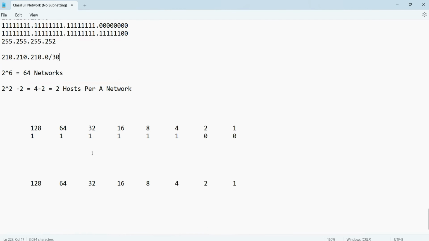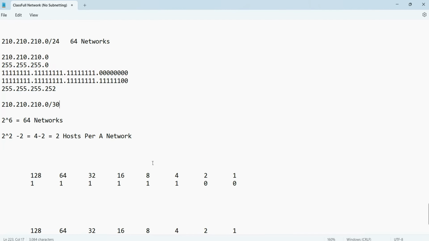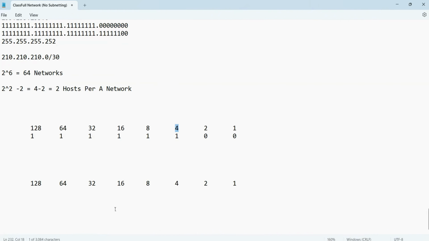So let me show you. What is the value of the last bit that I borrowed? It's a 4. Okay. 0, 4, 8, 12, 16, 20, 24, 28, 32, 36, 40. See, I'm jumping by 4 every time. These are for different customers. Every customer is on a different network. 48, then eventually it's going to reach what? Let's say 4 times 50 is 200.